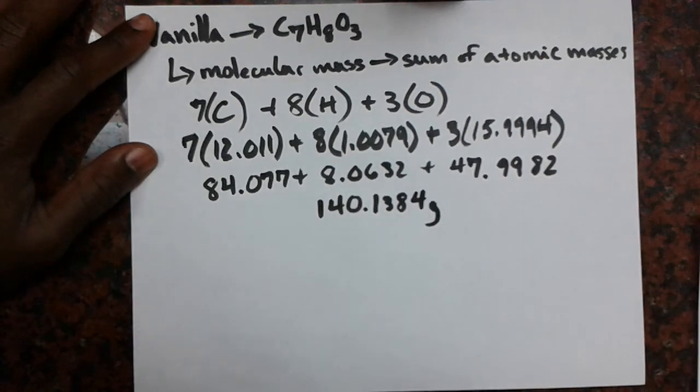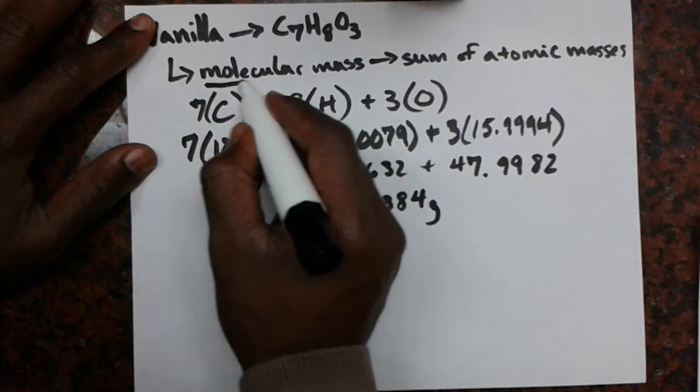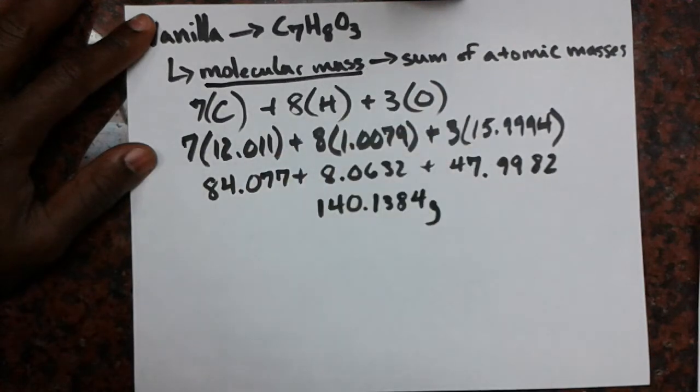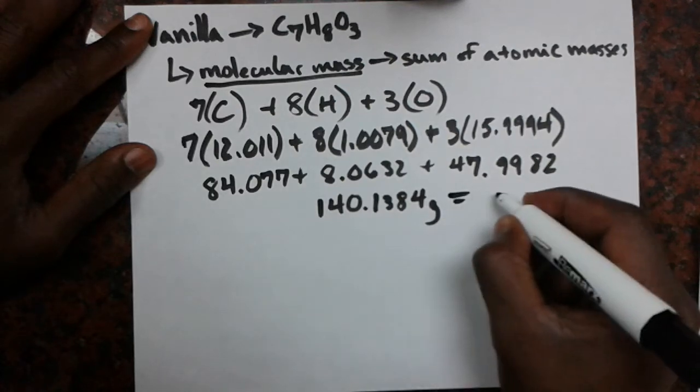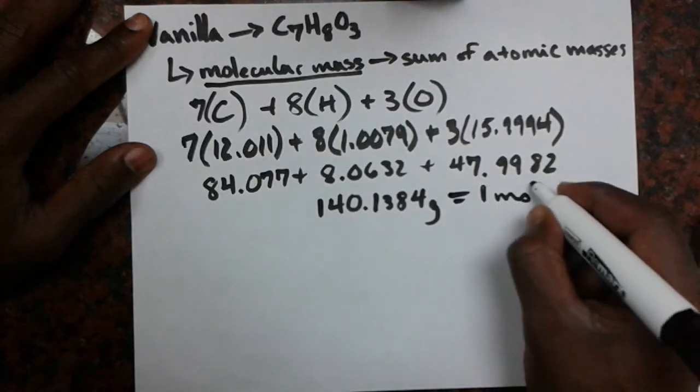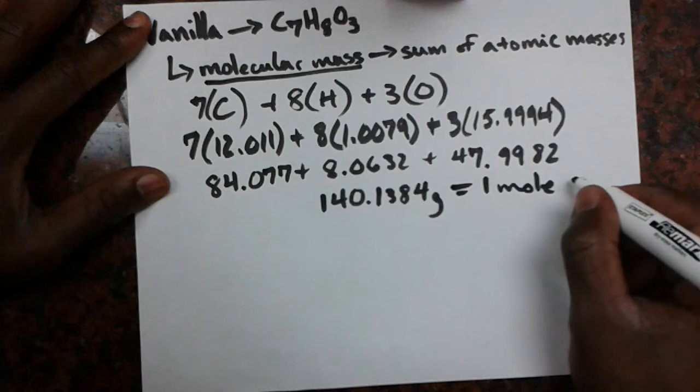So this is the molecular mass of the molecule vanilla. So in chemical calculations, we can say that this is equal to 1 mole of vanilla.